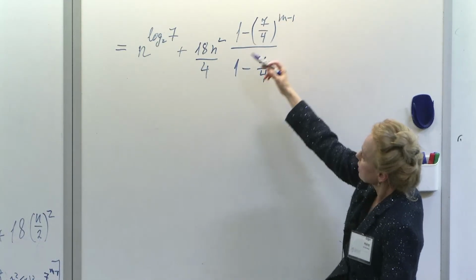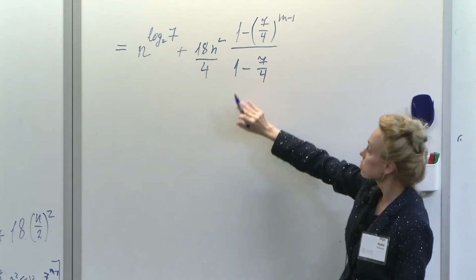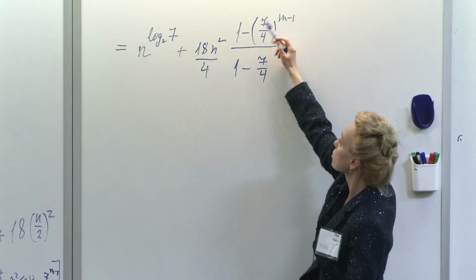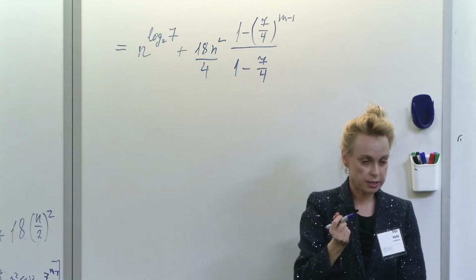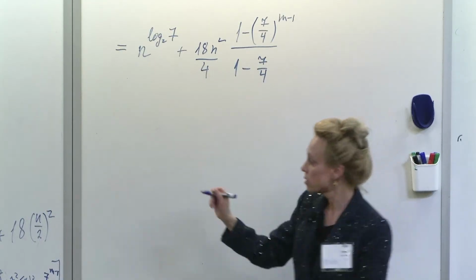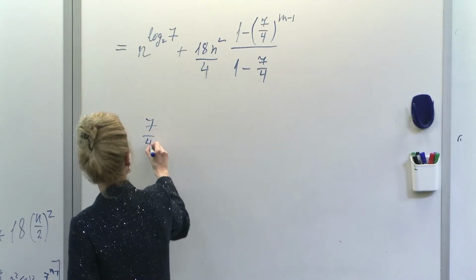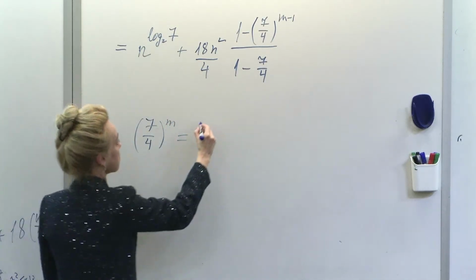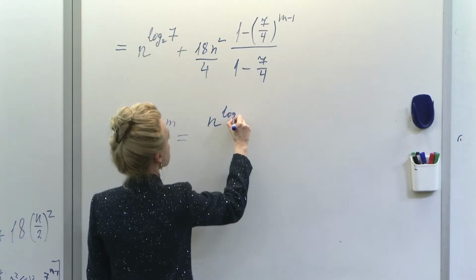So the leading term here, this is a constant. This is certainly a constant. Here's n squared, still lingering. And so what is 7 quarters? So basically we just need to understand 7 quarters to the power roughly m. Well, we already know what 7 to the power m is. This is n to the log base 2 of 7.